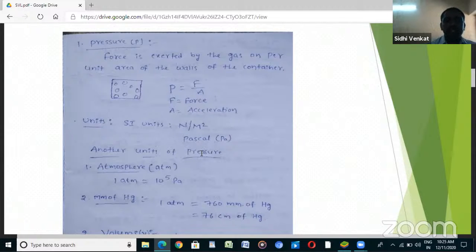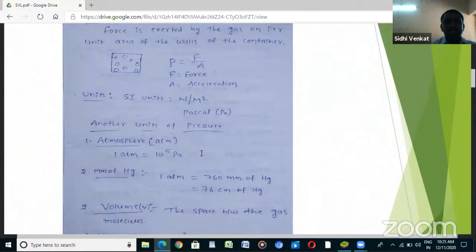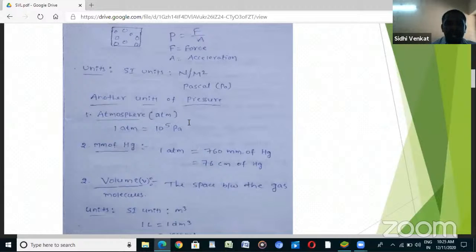Another unit of pressure is the atmosphere. 1 atmosphere is equal to 10 to the power 5 Pascal. ATM means atmospheric pressure.